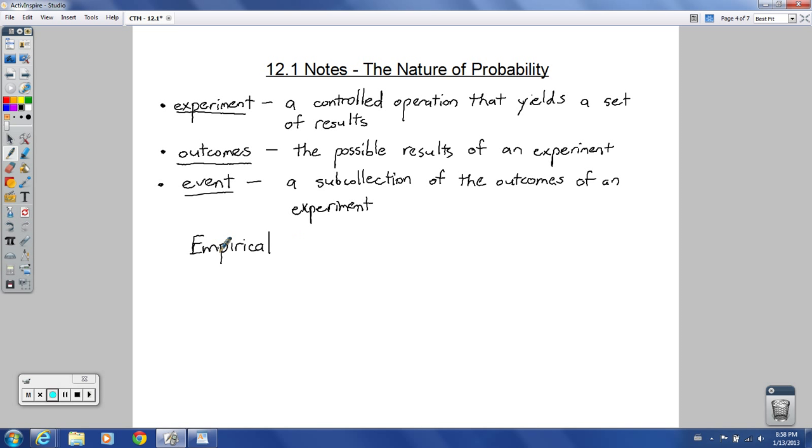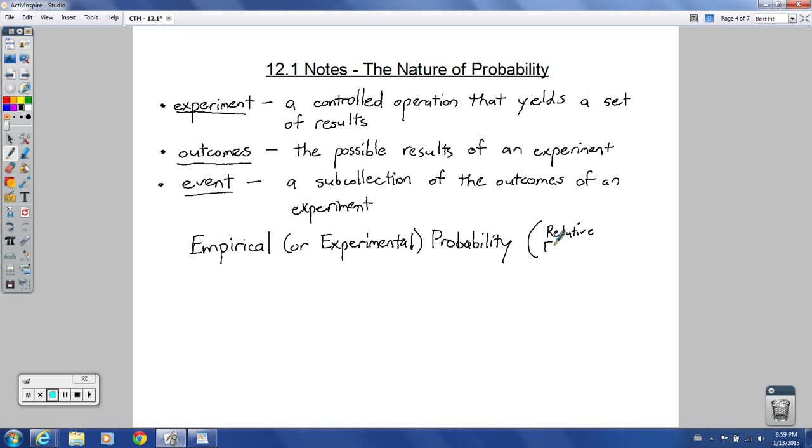So now moving on to empirical probability. Empirical is kind of a fancy way to say experimental. So if you actually do an experiment in order to calculate probabilities, what is the empirical or experimental probability?